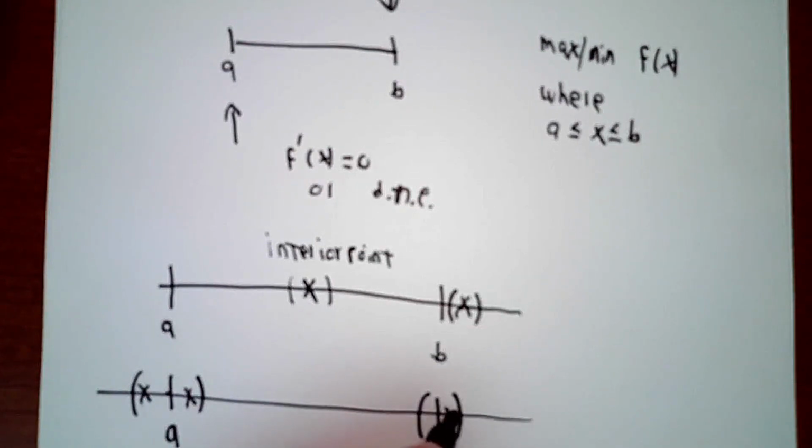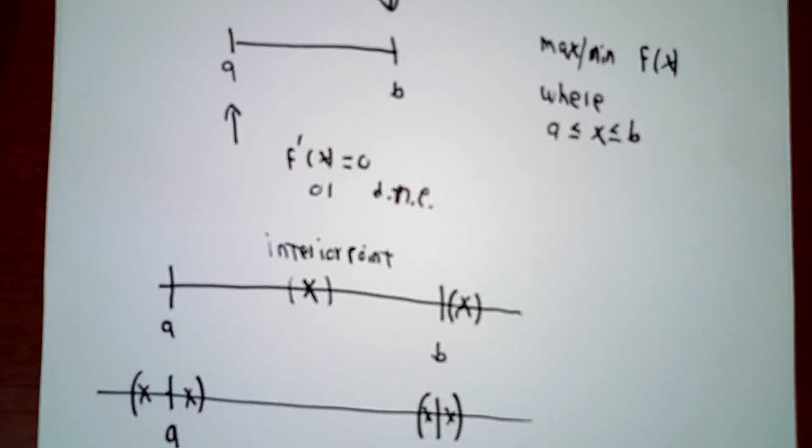The same can be said of the right end of the interval from a to b. a and b are not interior points. They are also not exterior points either, so we're going to call such things a boundary point. a and b are boundary points of the interval from a to b.